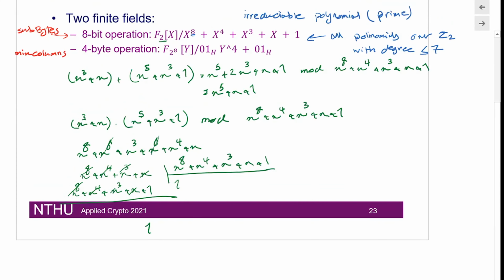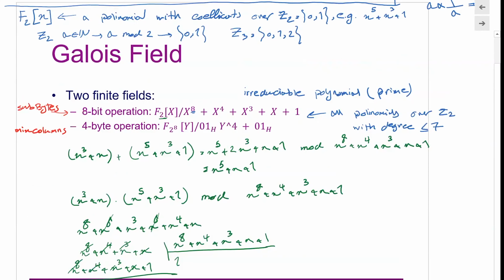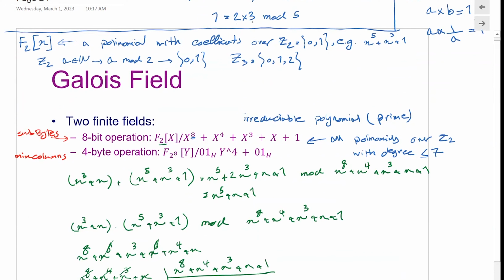So remember that I said when I multiply two numbers and then the remainder becomes 1, just like these two integers, 2 times 3 mod 5, it becomes 1. It means that 2 and 3 are the multiplicative inverse of each other.